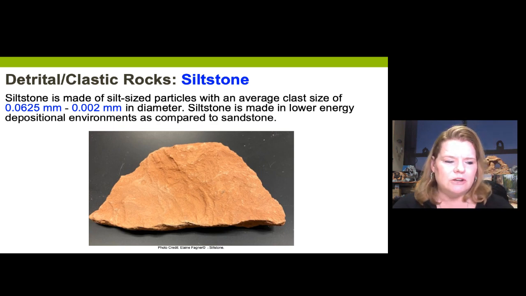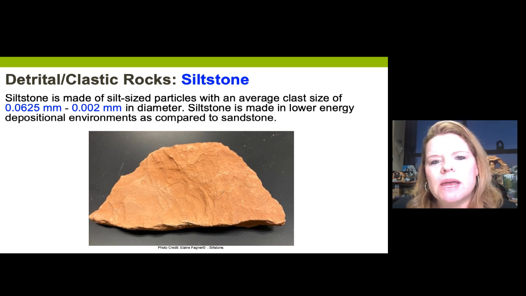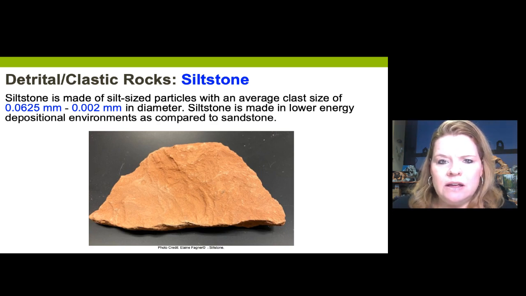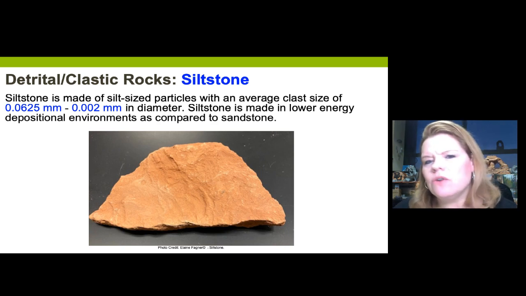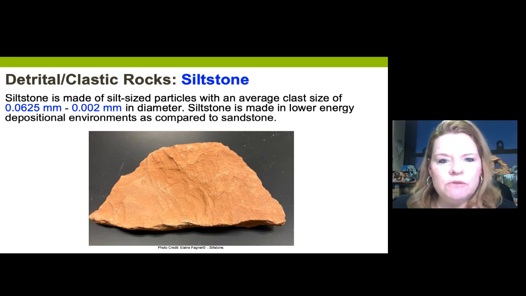So I'd like you to think about a beach for a minute. Beach waves generate a considerable amount of energy. If you haven't seen a beach, Google beach waves and see what that looks like, the amount of rigor and vigor and energy that's moving around in that water, so it can carry larger grain sizes. The slower that water gets, the smaller the grain is going to be, and that's certainly the case for siltstone.